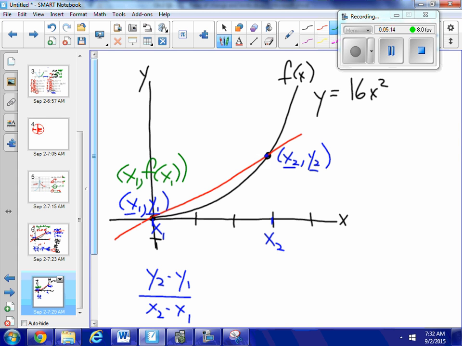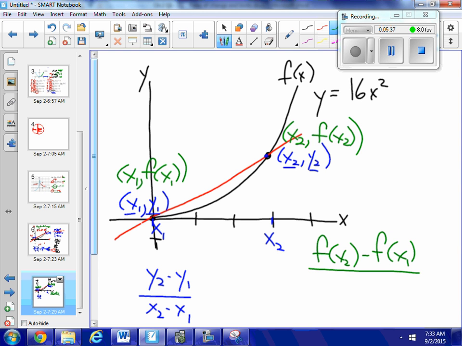And over here, I could have called this point x sub 2, comma, f of x sub 2. So now my slope equation would look like f of x sub 2 minus f of x sub 1 divided by, again, x sub 2 minus x sub 1. I just changed it a little bit.